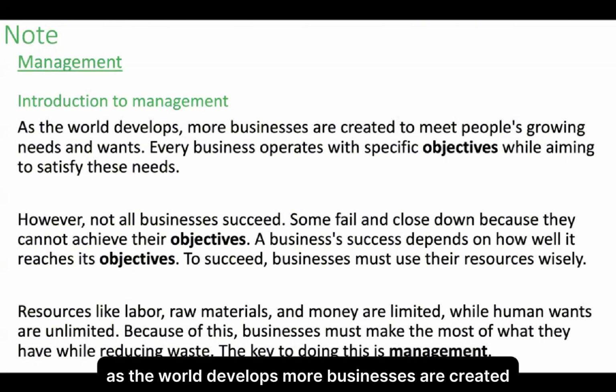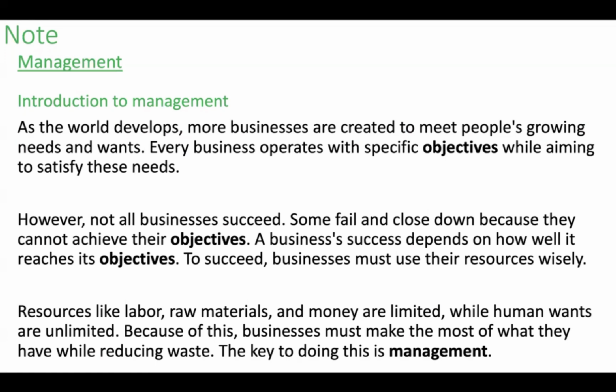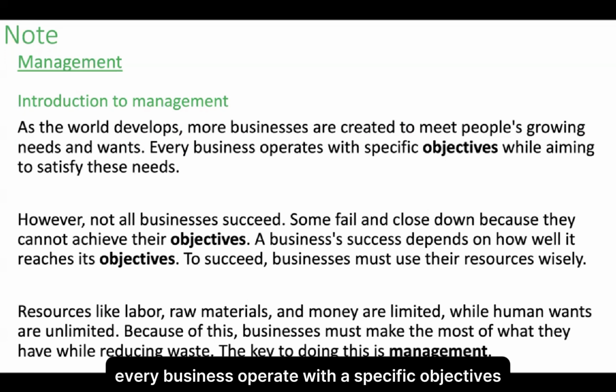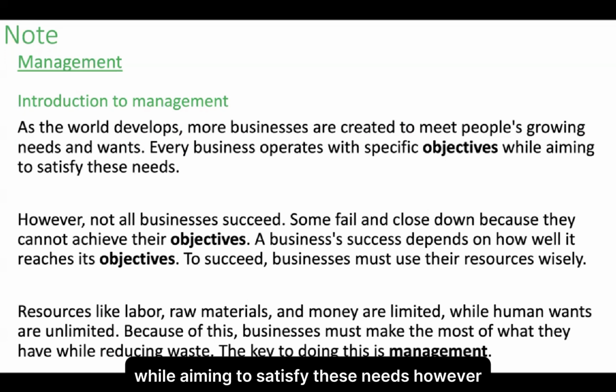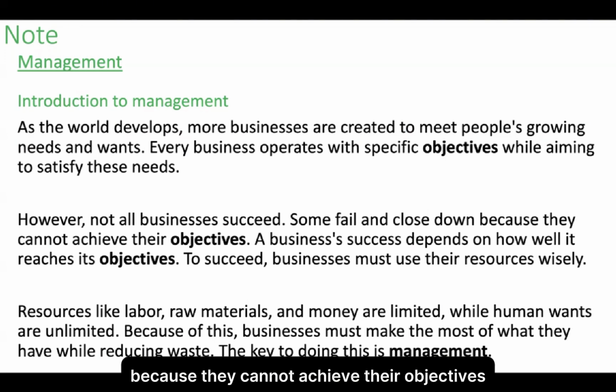As the world develops, more businesses are created to meet people's growing needs and wants. Every business operates with specific objectives while aiming to satisfy these needs. However, not all businesses succeed. Some fail and close down because they cannot achieve their objectives. A business's success depends on how well it reaches its objectives.